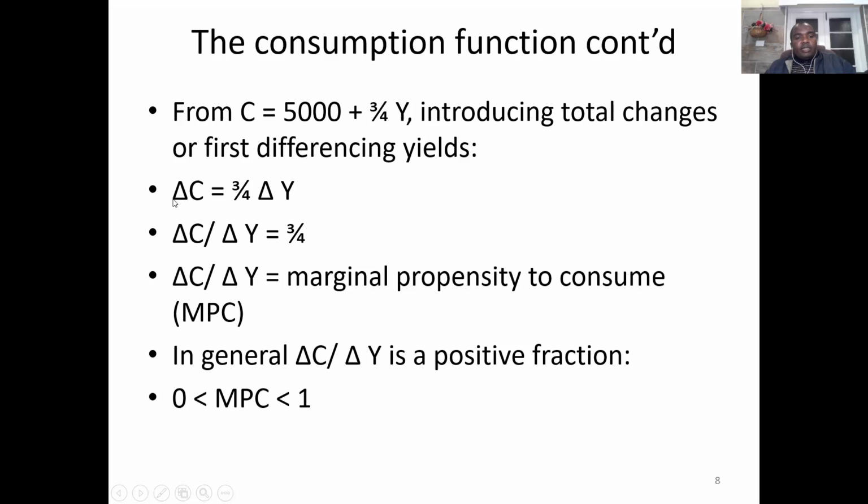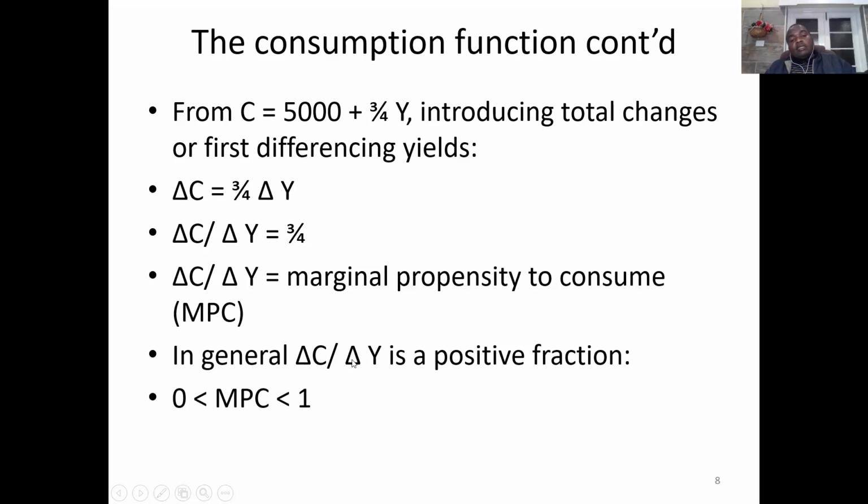Now, if we make delta C over delta Y the subject of the formula, we get 3/4. Delta C over delta Y equals 3/4. It is this delta C over delta Y which is called the marginal propensity to consume.